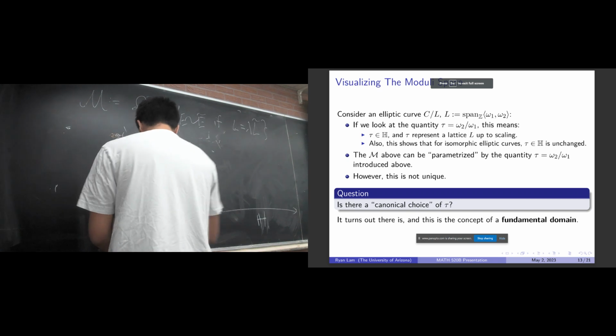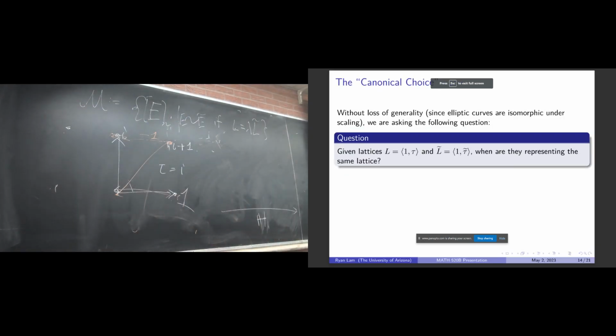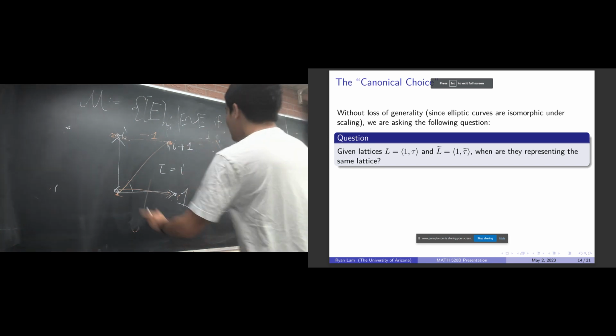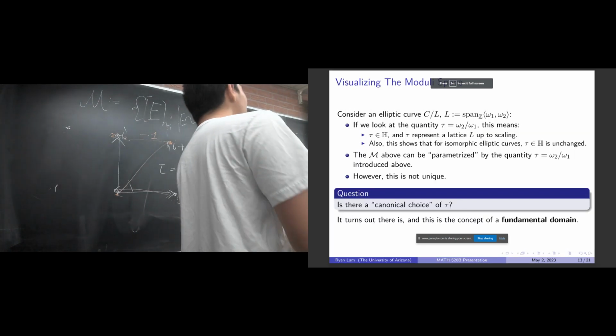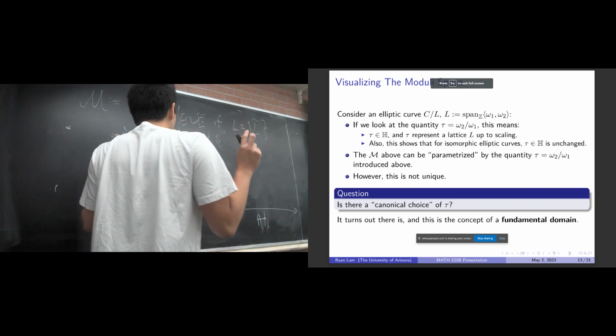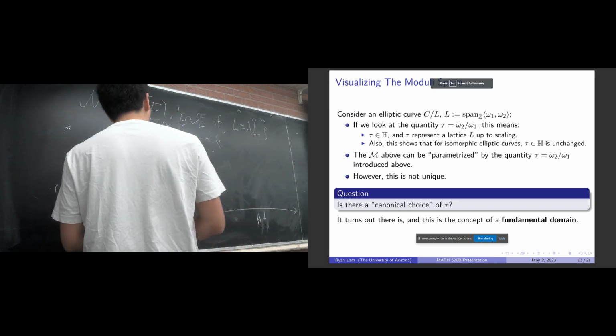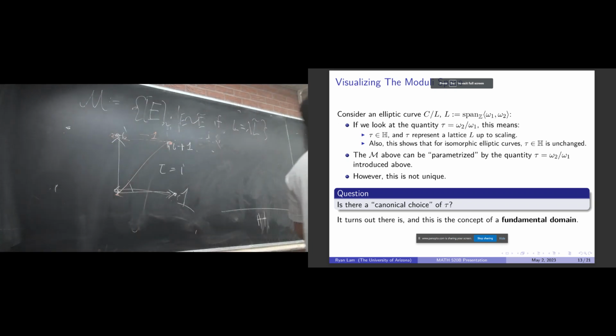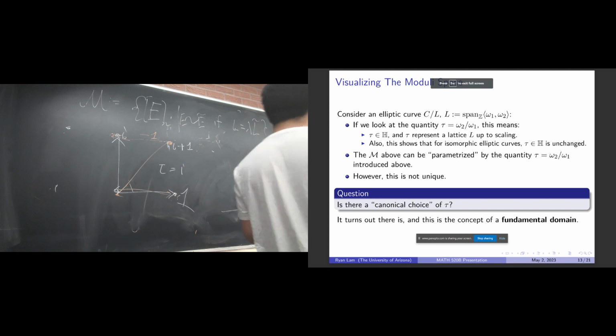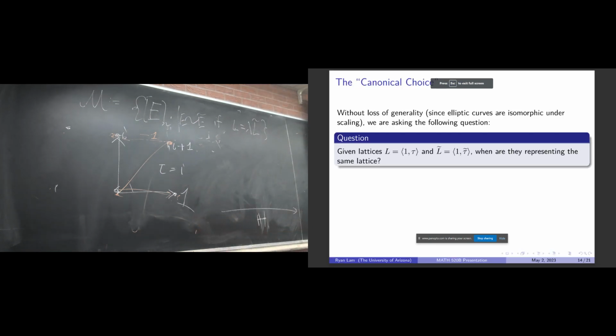Without loss of generality, we want to have a canonical choice of tau, so we want to ask, because we just saw two lattices which are the same can have different tau, when are two lattices with different tau actually the same lattice?